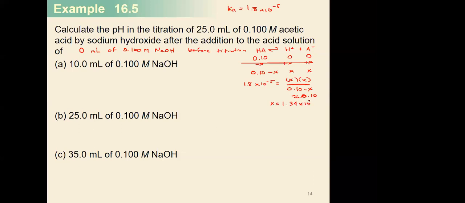Okay, 1.34 times 10 to the negative 3. And the X there that you have is the H plus. So all you need to do is get the negative log of that. And what's the pH that you get? 2.87.